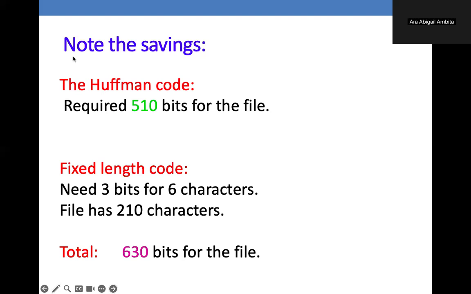It only requires 510 bits for the file, because A and B have the longer lengths, since A and B have the least frequencies. And D, E, and F, which have many more frequencies, have the shorter bits. So, we saved some space.